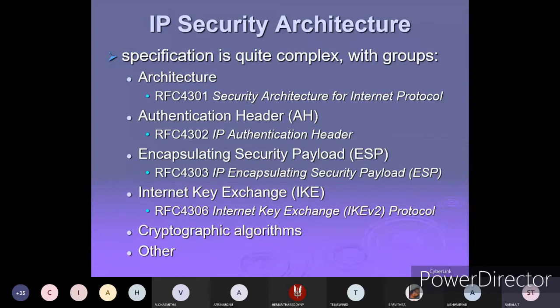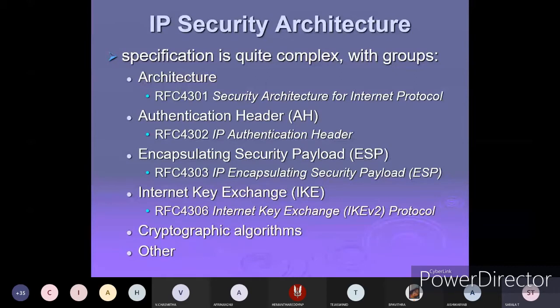Security architecture. The specification is quite complex, with groups of documents. Whenever we are checking IP security architecture, here the architecture is RFC 4301, the security architecture for internet protocol. If you are going with respect to internet protocol, RFC 4301 gives the architecture.